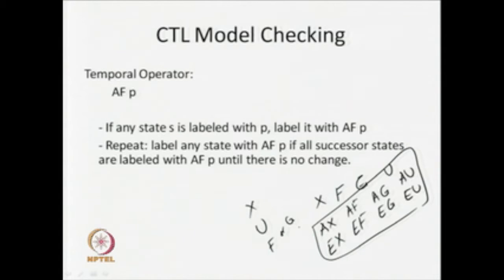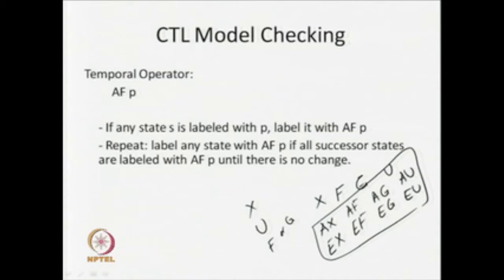Already we have discussed the operator AFP, and we have seen how we are going to evaluate it. We have the algorithm to evaluate this temporal operator AFP. So, in a nutshell, how are we going to do it? If any state S is labeled with P, then label it with AFP. Then we repeat this procedure: label any state with AFP if all successor states are labeled with AFP, until there is no change.